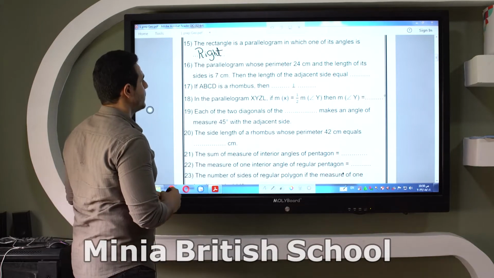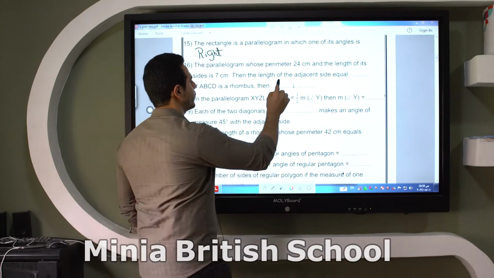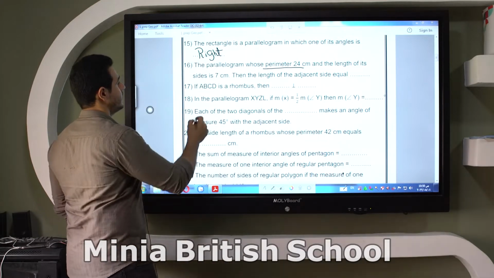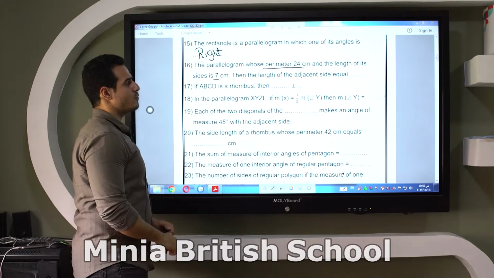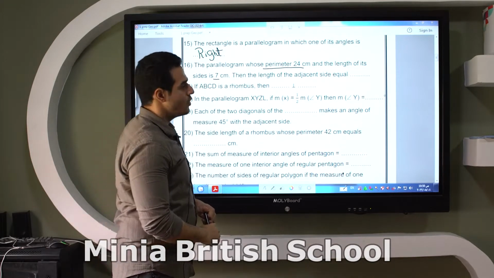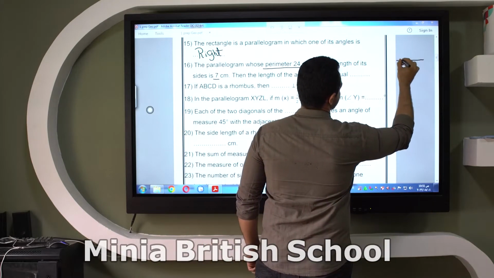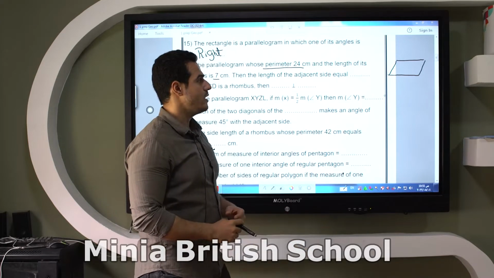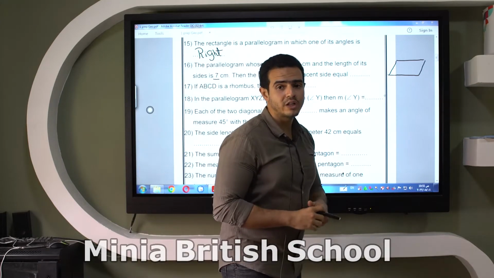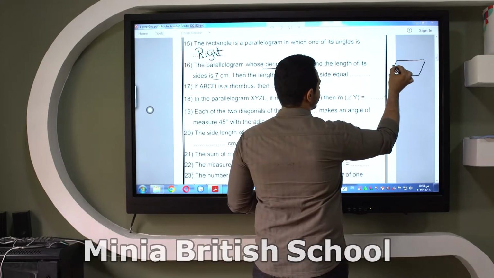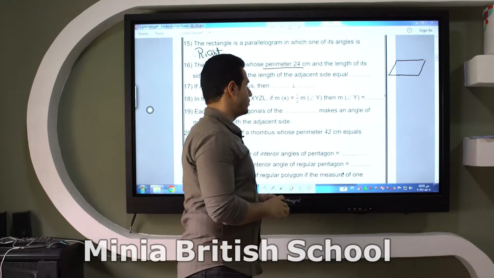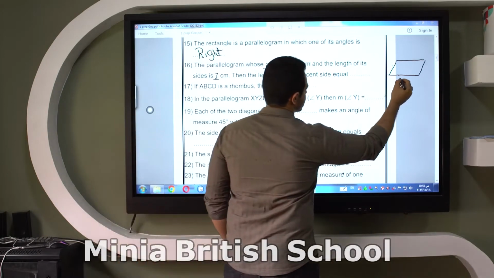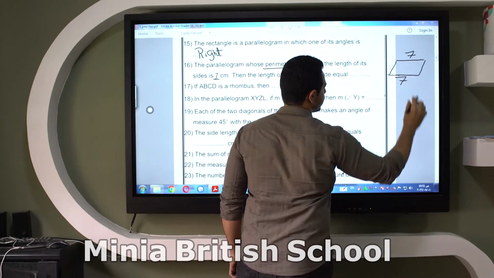Number 16, the parallelogram whose perimeter is 24, and the length of one of its sides equals 7. Then the length of the adjacent side equals what? We know that the perimeter of a parallelogram equals twice the sum of two adjacent sides, this side plus this side, times 2. So one of its lengths equals 7, so this is 7 and this is also 7.